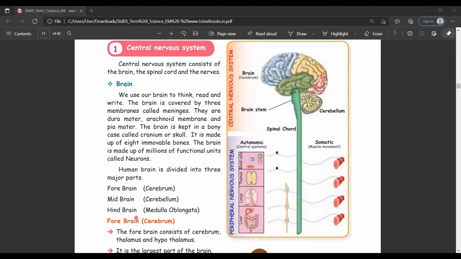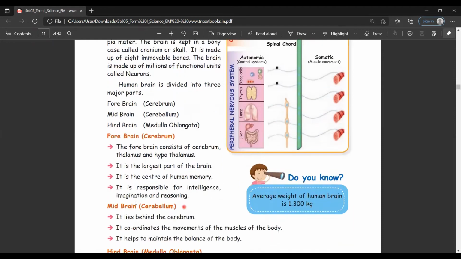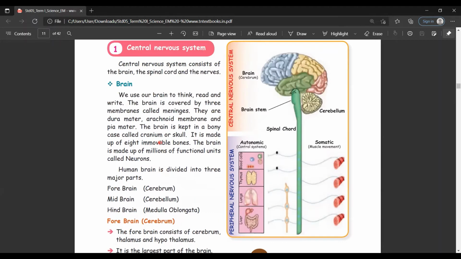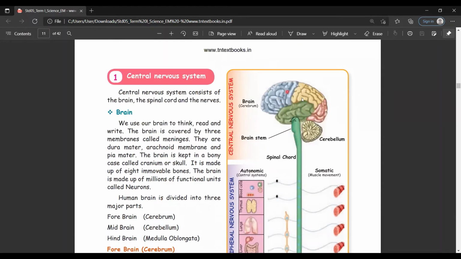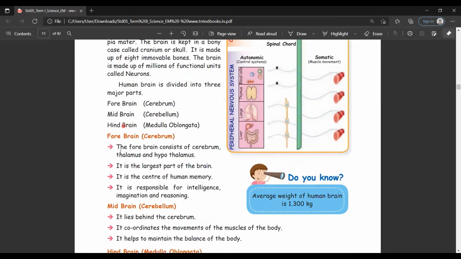Let's see one by one in detail. So forebrain, otherwise called cerebrum. See this part. The forebrain consists of cerebrum, thalamus, and hypothalamus.